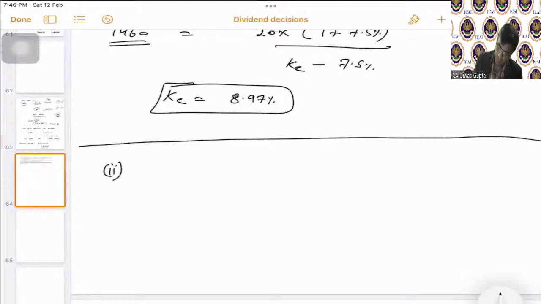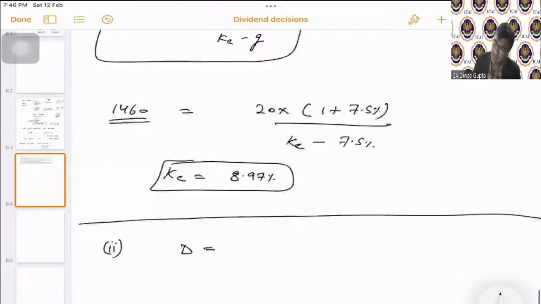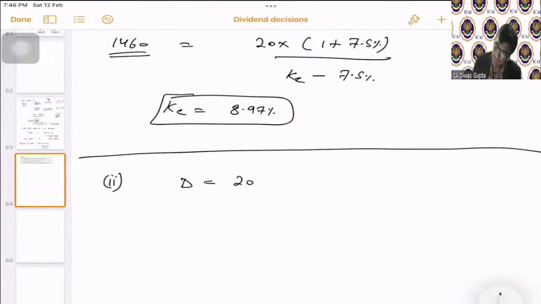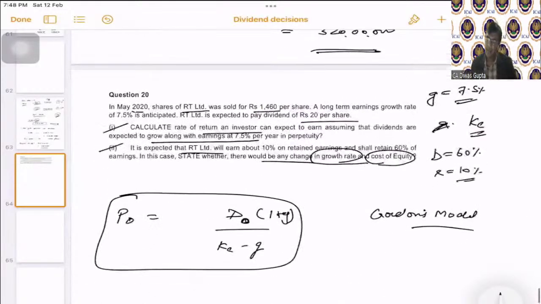We know that the current dividend is how much? 20, right? But what if we change some of the conditions? Now, what are those conditions? The first condition is R they have given us, but the retention ratio they are changing to 60%, right?